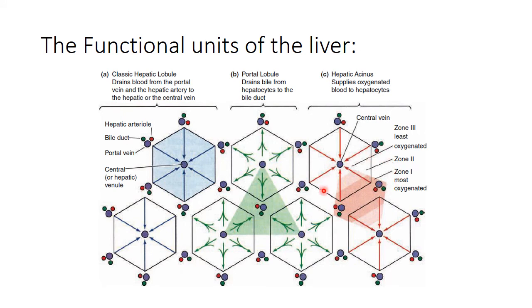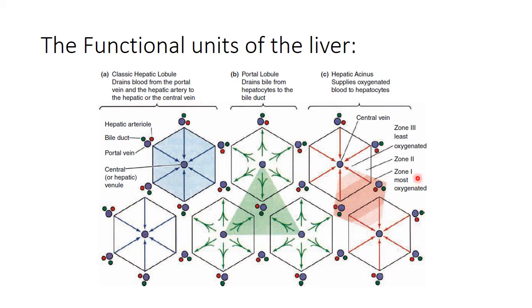This theory is mainly concentrating on the concept of oxygen supply to the liver cells, where this area here receives the most oxygen supply when compared to other areas of the liver lobule, because they are located near the hepatic artery that carries the oxygenated blood into the liver.